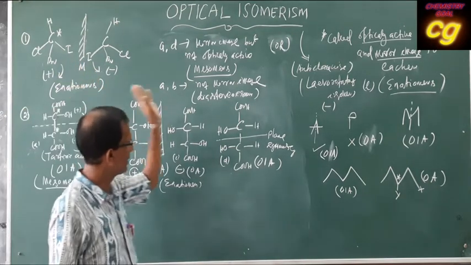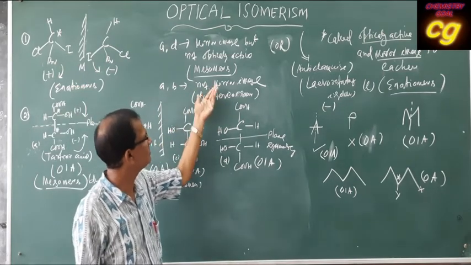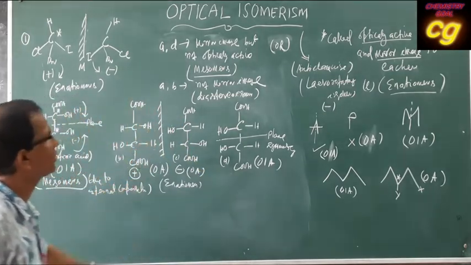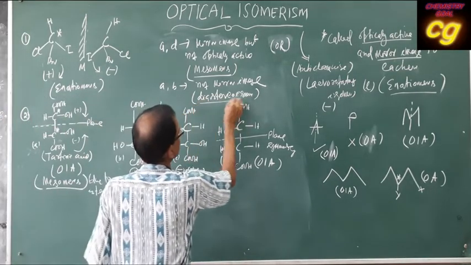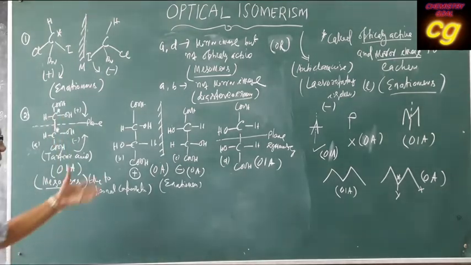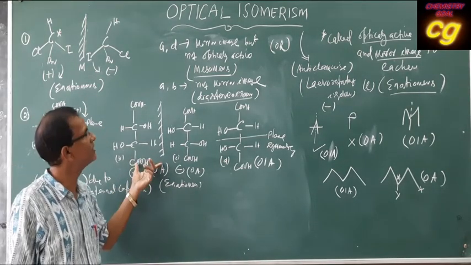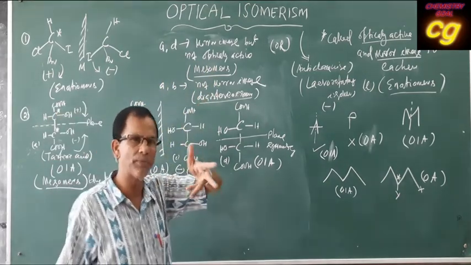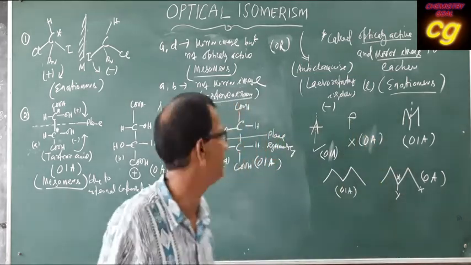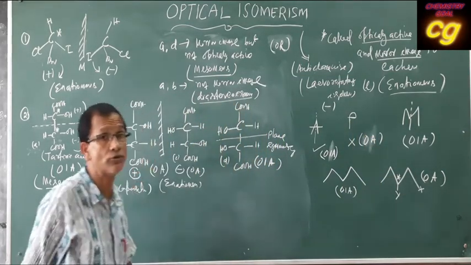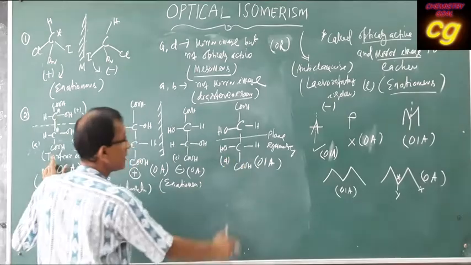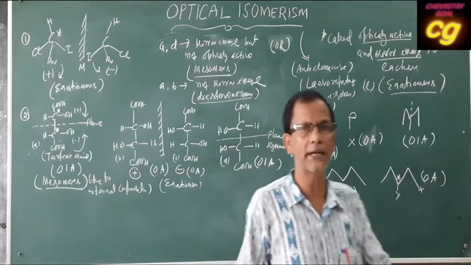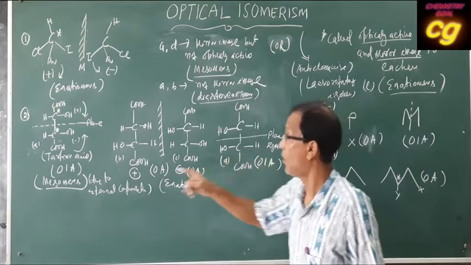So isomers having the same formula but not mirror images of each other are called diastereoisomers. Enantiomers are optically active and mirror image. Diastereoisomers may be optically active or optically inactive, but they should not be mirror images of each other. But meso compounds are always optically inactive, yet mirror image.